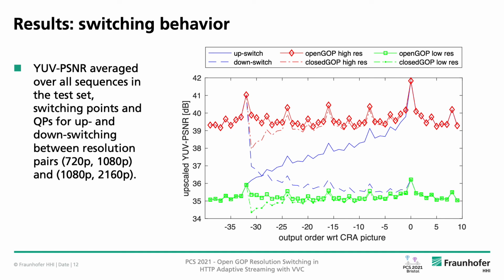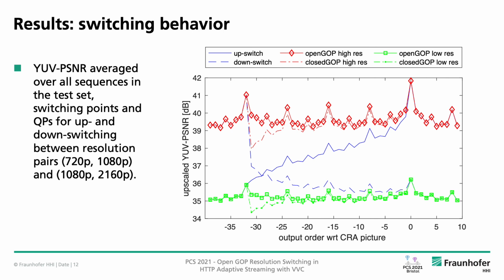Another interesting observation is the objective quality at these switching points. The quality switches gradually from one representation to another, instead of this abrupt switching that we are used to from HTTP streaming. And here this figure shows, averaged over all sequences, switching points, QPs, and resolutions, the average up and down switching behavior compared to the PSNR of the OpenGOP and closed-GOP variants.